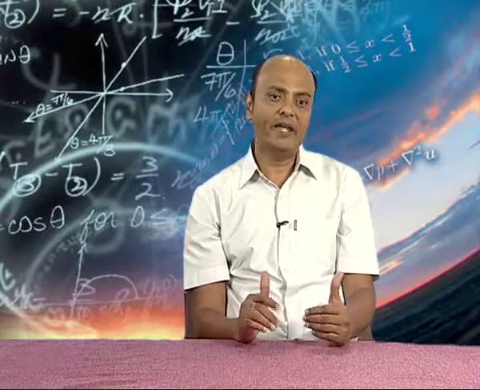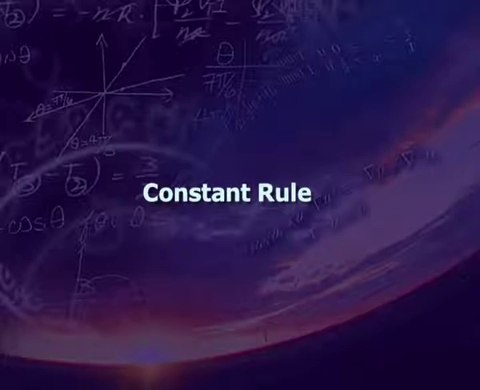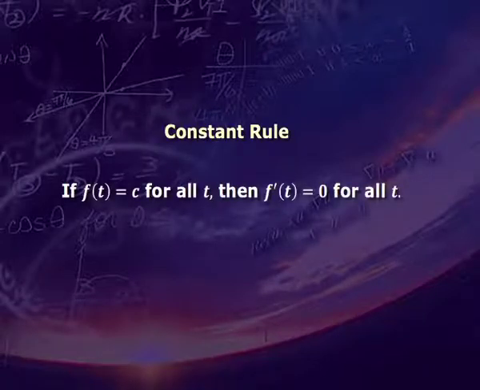Let us now consider some rules of differentiation which are helpful in evaluating the derivatives. Constant rule: if f(t) is equal to c for all t, then f'(t) is 0 for all t.